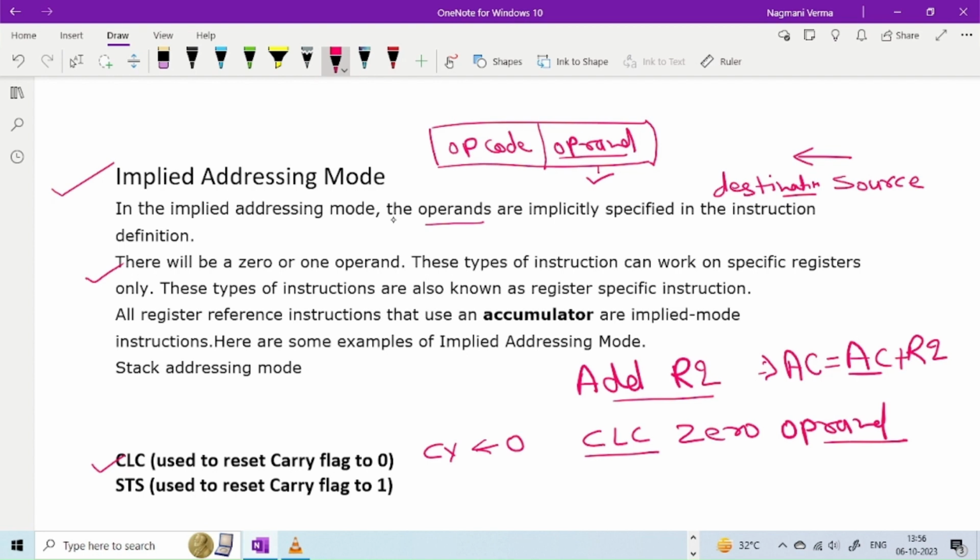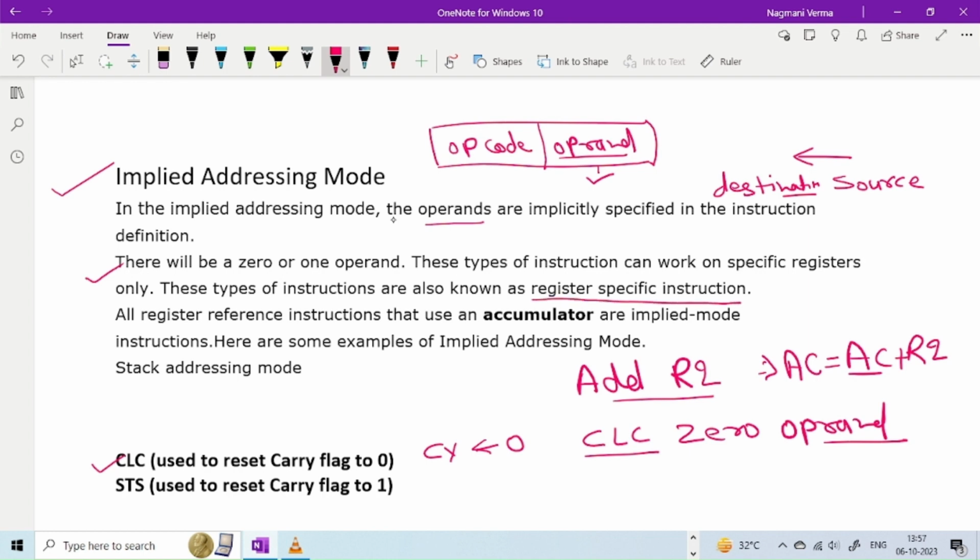Now while executing these instructions, the CPU knows which registers it has to use to store the data, and what it needs to do. For example, if I am giving CLC, then it knows that we have to clear the carry flag, so it has to clear some specific register to 0. That's why it is called the register specific instruction.